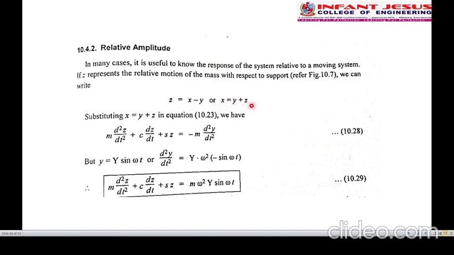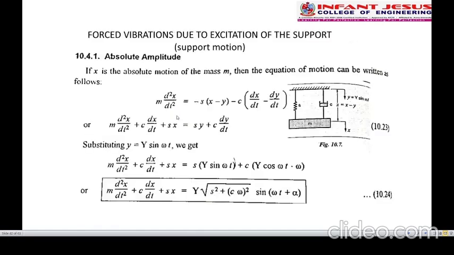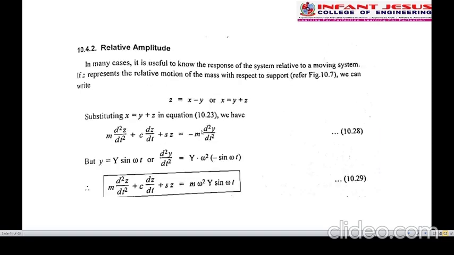So in the similar equation, in the absolute amplitude, in this equation, we are going to simplify for y as x, x equal to y plus z.